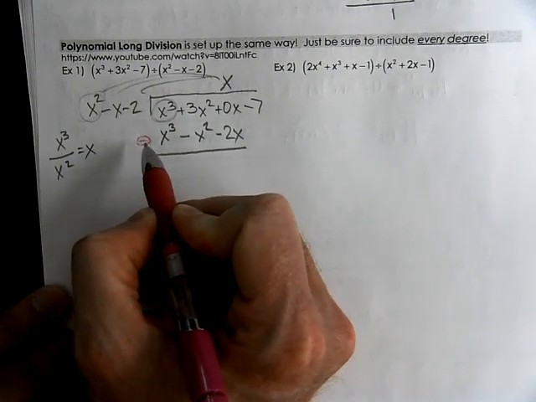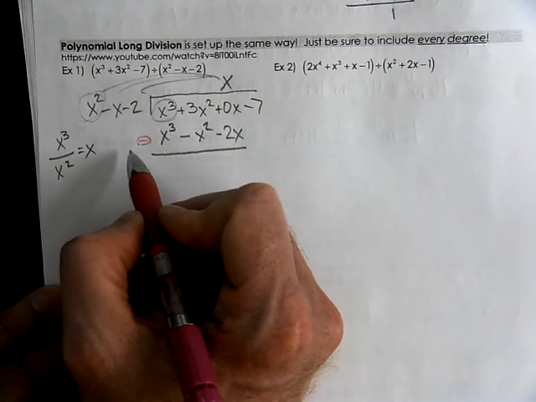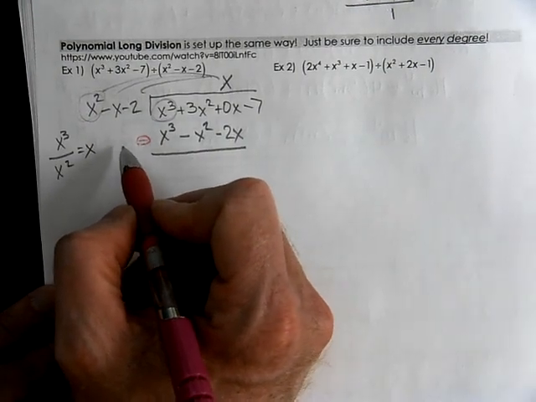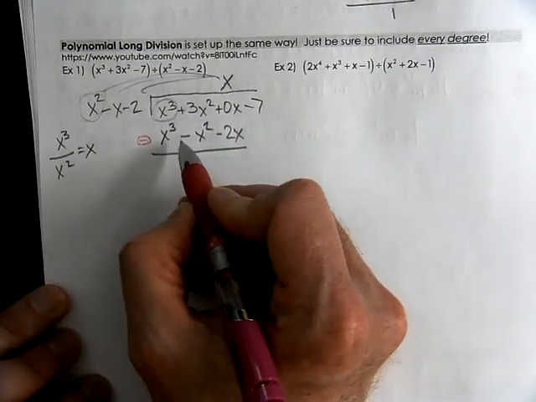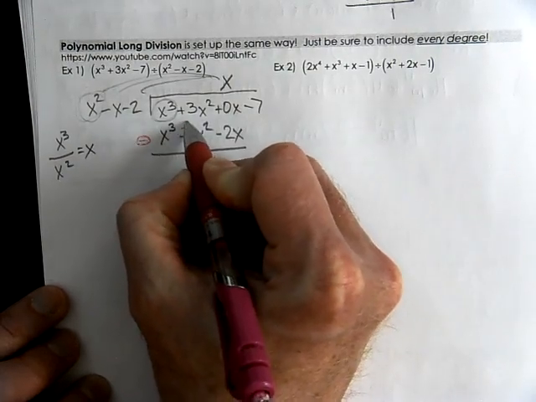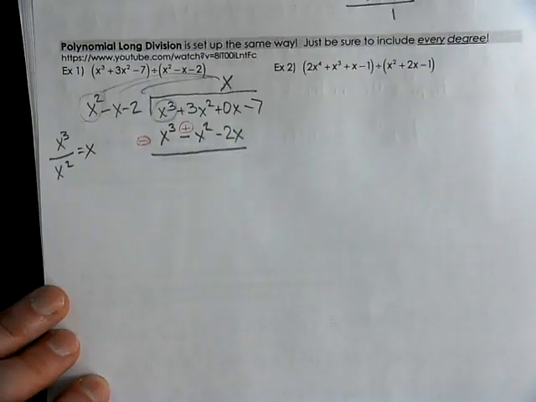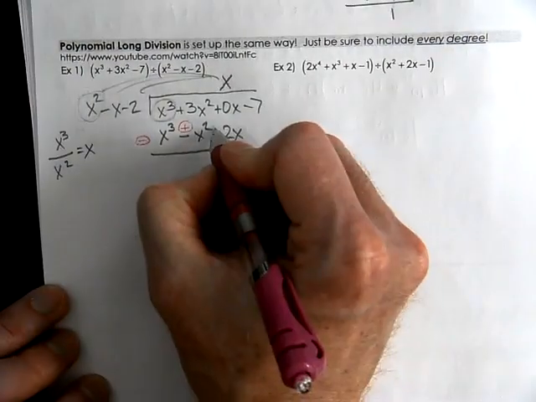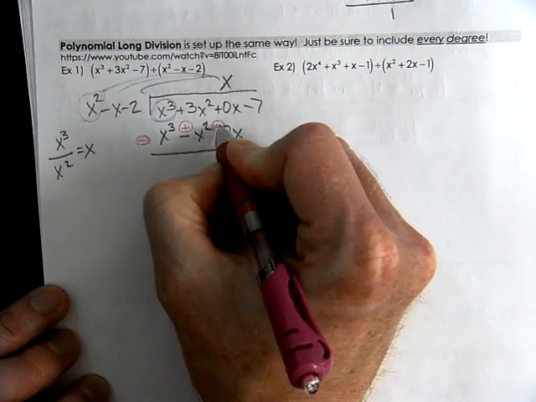Circle your new sign. Don't change negatives to positives. So here's our negative. We're going to change that sign. Change it to a positive. Change it to a positive.